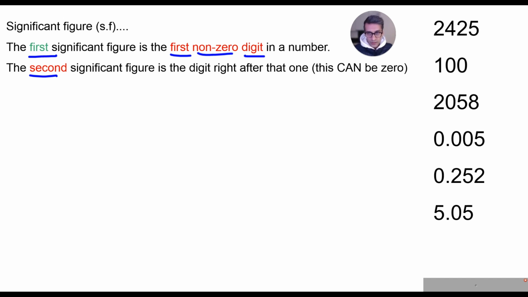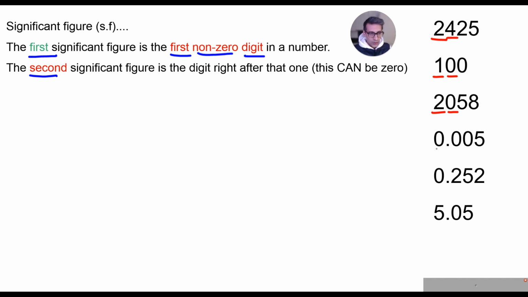So the first significant figure can never be 0, but after that, the second significant figure can be 0. So some examples here. The first significant figure in the first number is 2. The second significant figure is 4. In the second example, the first significant figure is 1. Second significant figure is 0. The first significant figure is 2. Second significant figure is 0.